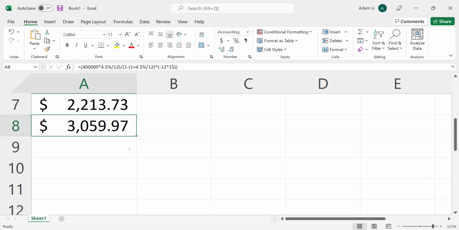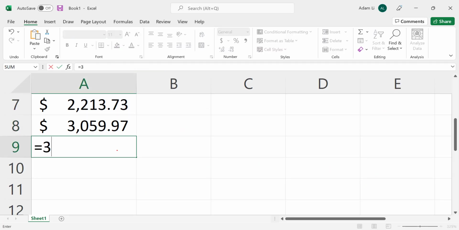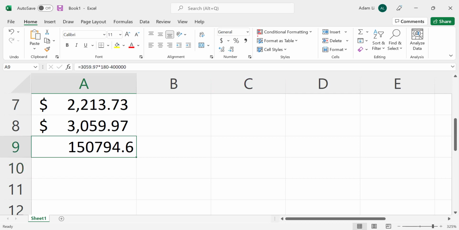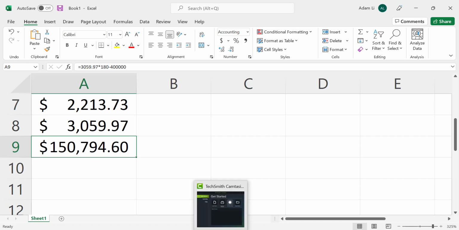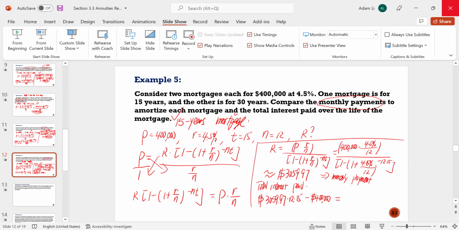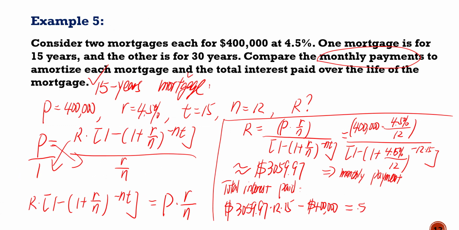So one more time in Excel, this is $3,059.97 multiplied by 180 payments because it's a 15-year mortgage, minus 400,000. And the difference is the interest paid to the bank, $150,794.60.